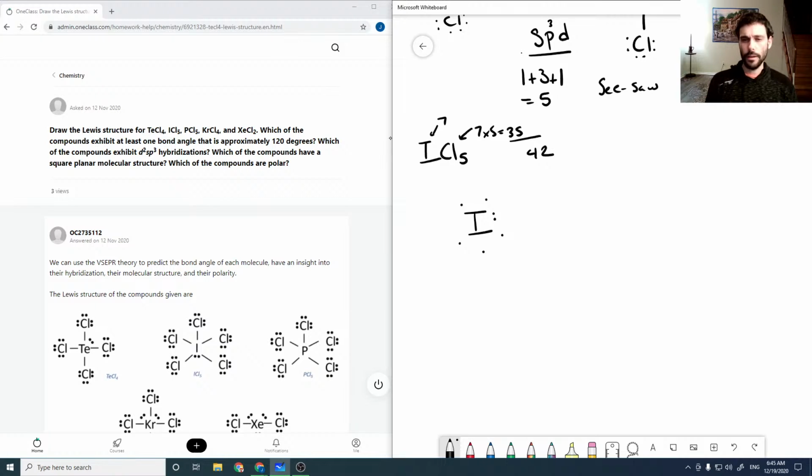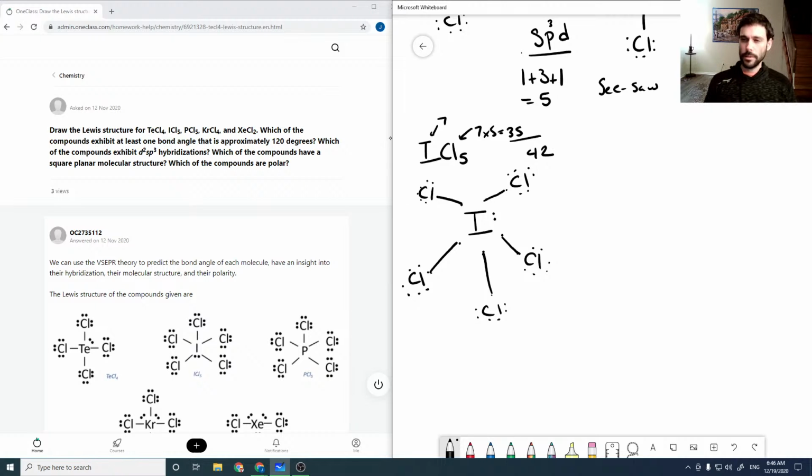And then it'll have a lone pair left over. Alright, I'm making these bonds progressively different sizes, but it's okay. If we count everything up here, right, so there should be 2, 4, 6, 8, so 8, 16, 24, 32, 40, and then 2, so that's our full electron count.